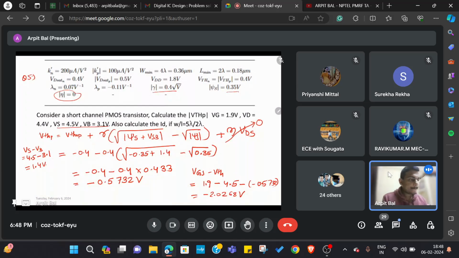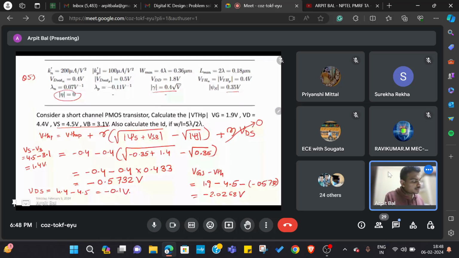And VDS equals 4.4 minus 4.5 equals minus 0.1 volt.